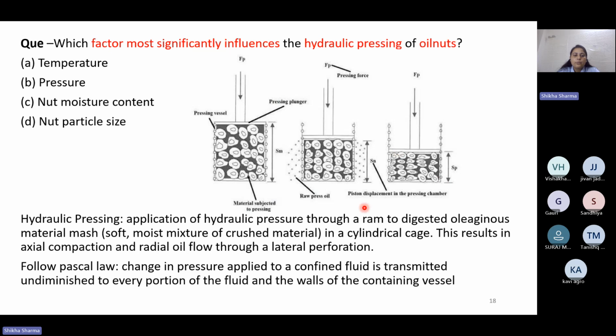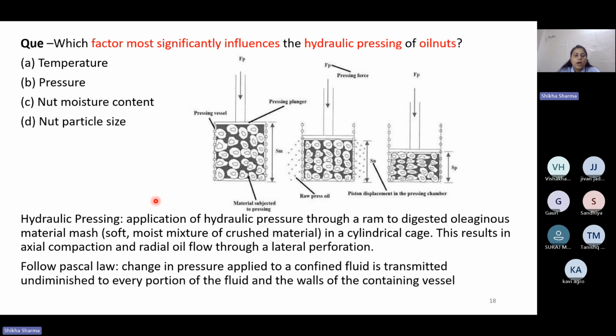In hydraulic pressing, basically Pascal's law is applied, which says that the change in the pressure applied to a confined fluid is transmitted undiminished to every portion of the fluid and the wall of the containing vessel. So whatever pressure is applied is uniform in all parts of this vessel.